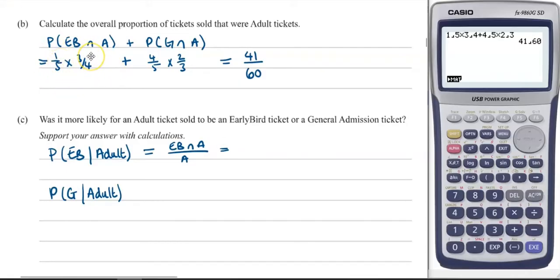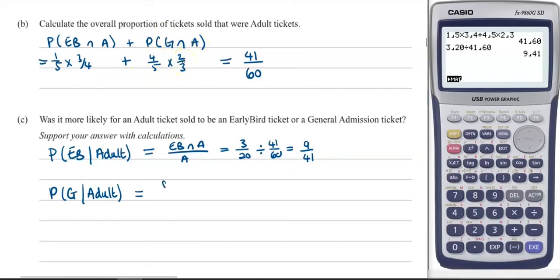So that would be 3/20 divided by just adult. We worked that out just here. That's 41/60. That's 9/41. Now for the general and adult, we've got the one that we just worked out here.